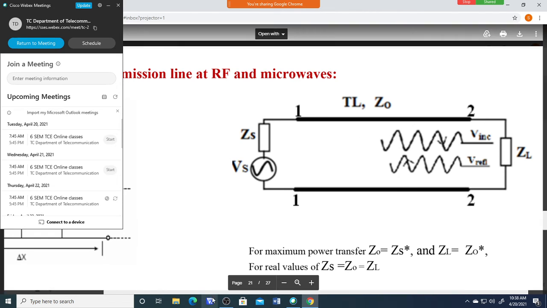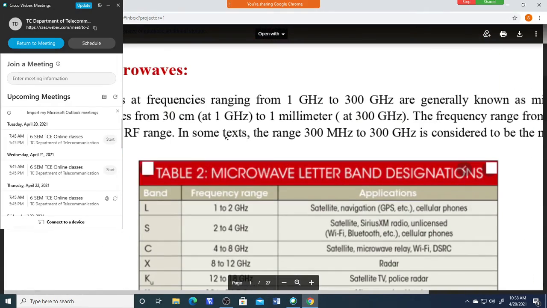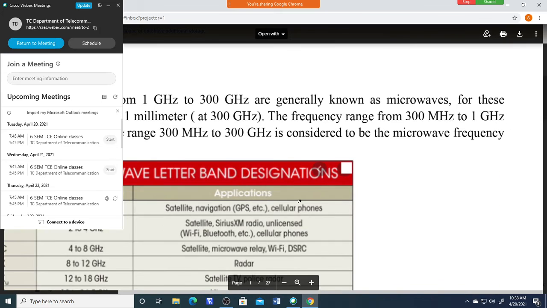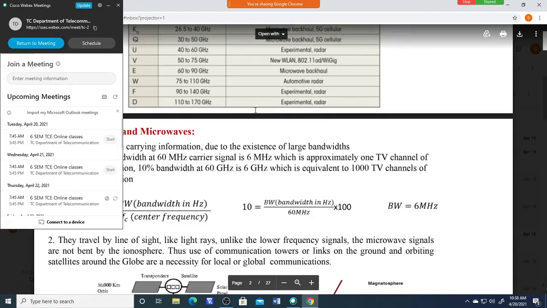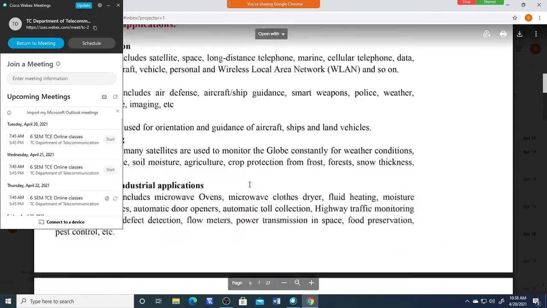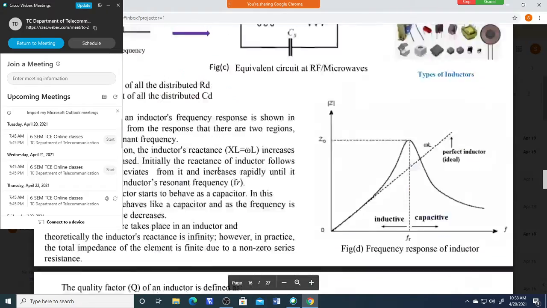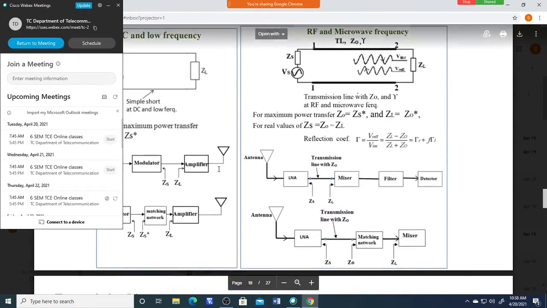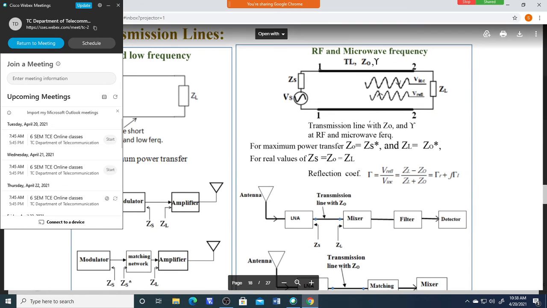Okay, at a low frequency, we apply Ohm's law. What is the current here?